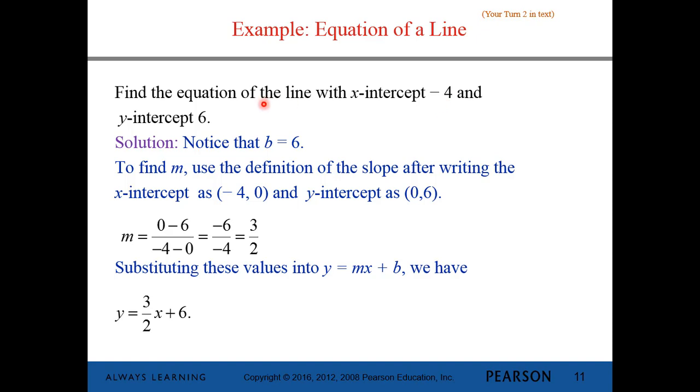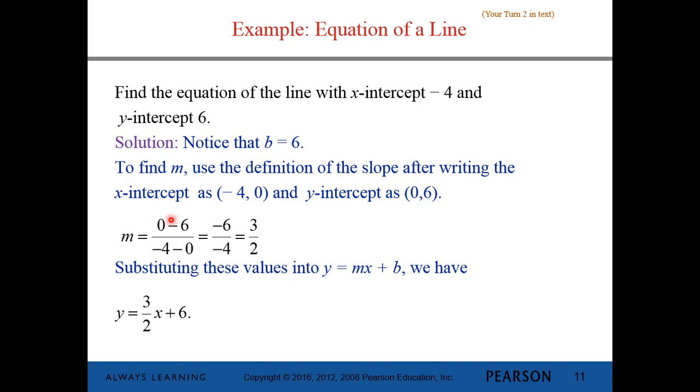So notice again, we get the y-intercept automatically. They gave it to us. And then to find the slope, we use the definition. We're using the x-intercept as a point and the y-intercept as a point. If we use the y-intercept, we get y2 minus y1 over x2 minus x1. Now notice they did it the other way. They did 0 minus 6, and then negative 4 minus 0.